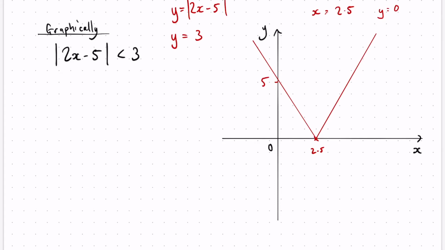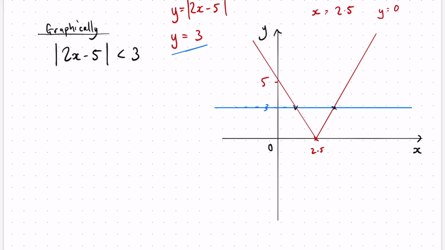The y equals 3 graph is just a graph which is horizontal through 3. Like so. So we get 2 points of intercept. One on the negative downward side of the modulus graph, and one on the positive gradient side of our modulus graph.